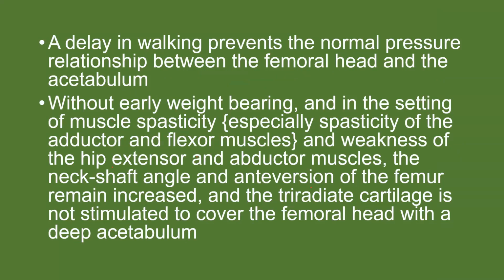Delay in walking prevents normal pressure relationship between the femoral head and the acetabulum. Without early weight bearing and in the setting of muscle spasticity, especially spasticity of the adductor and flexor muscles, and weakness of the hip extensors and abductor muscles, the neck shaft angle and anteversion of the femur remain increased.